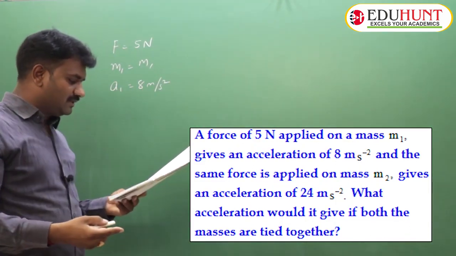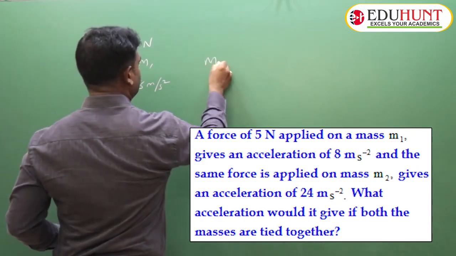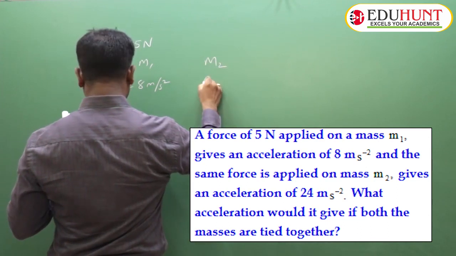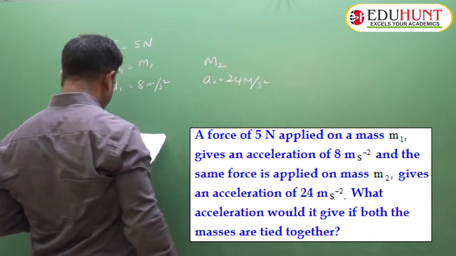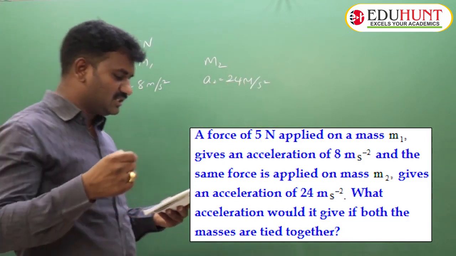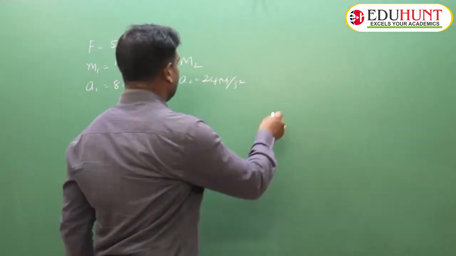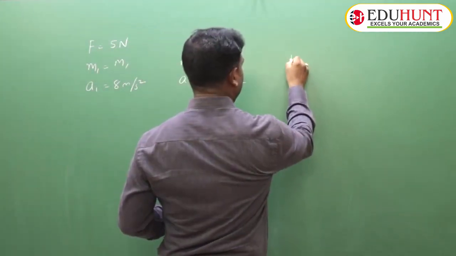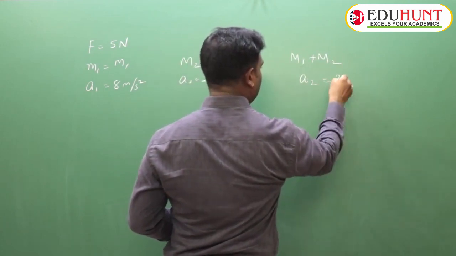And if the same force is applied on mass m2 to attain an acceleration of 24 meter per second square, then the question is, what acceleration would it give if both the masses are tied together? So if the masses are tied together, m1 plus m2, then acceleration is equal to how much?